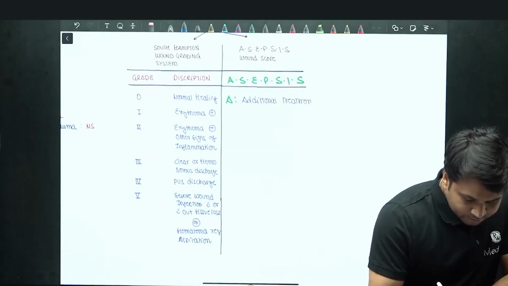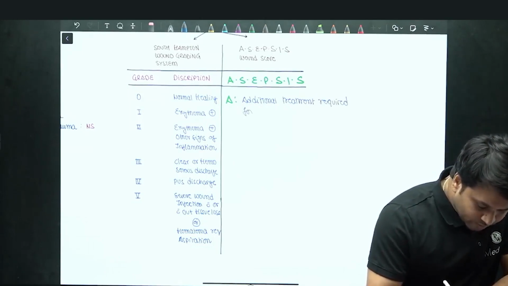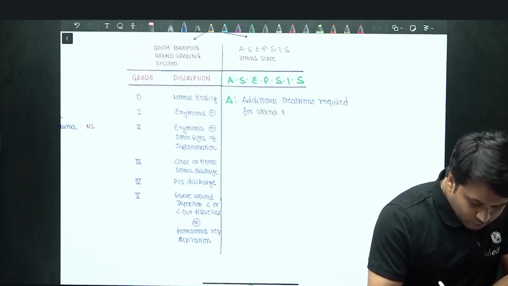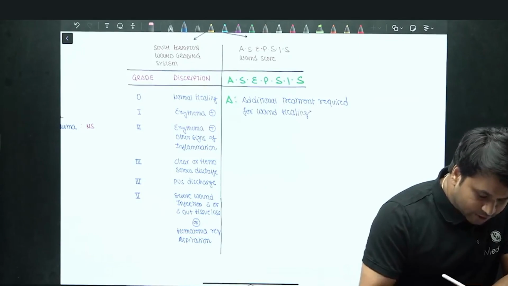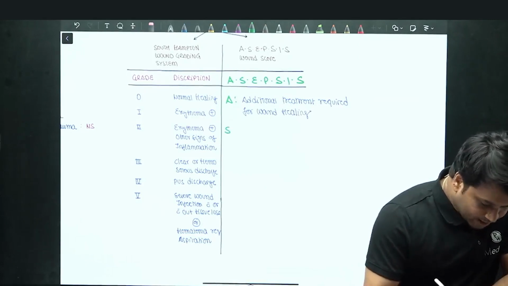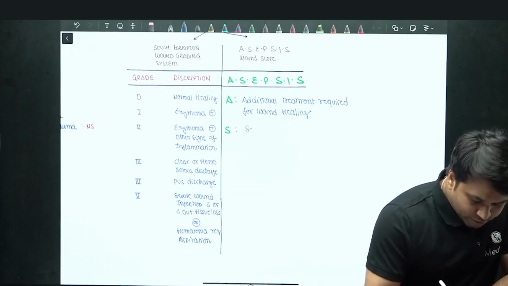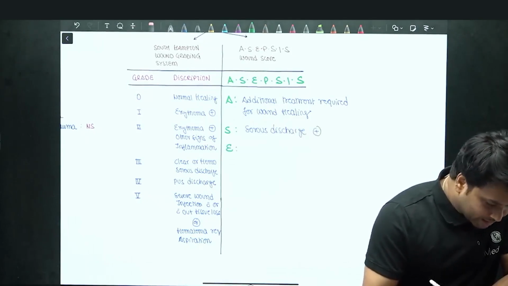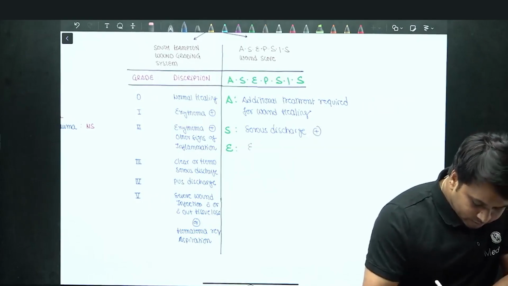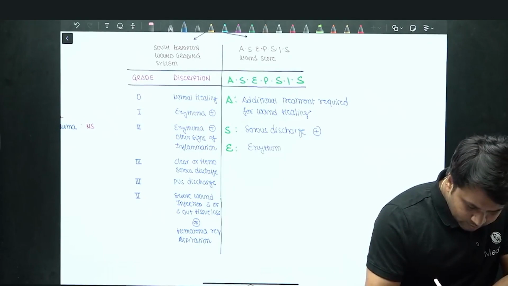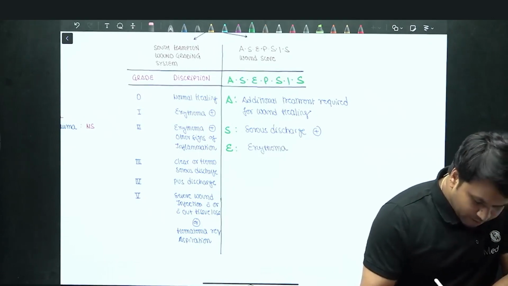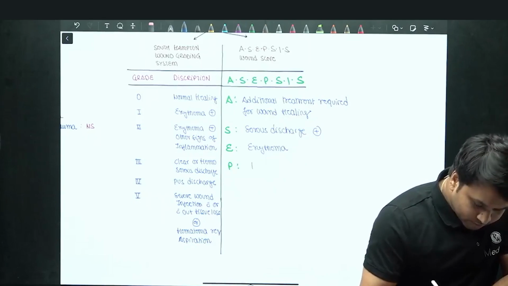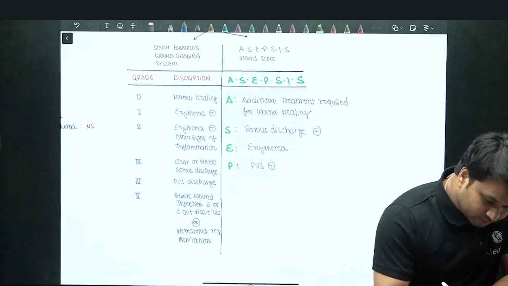S stands for presence of serous discharge. E stands for presence of erythema. P stands for purulent exudate, or there is pus that is coming out.